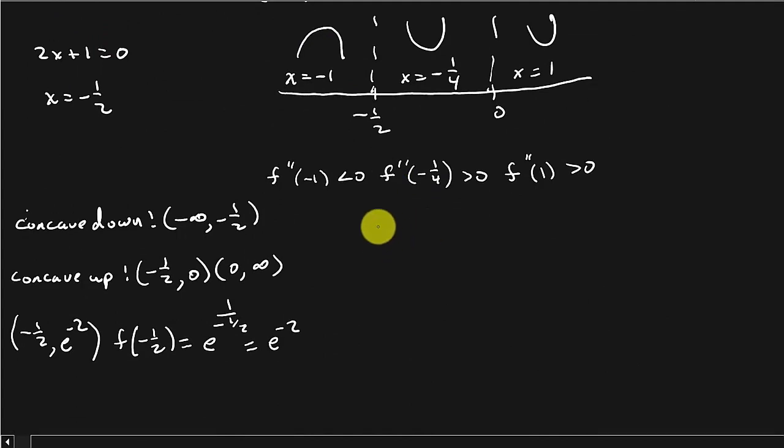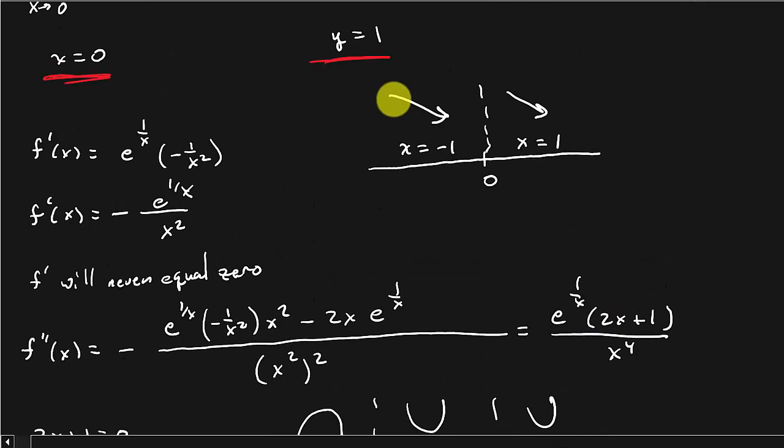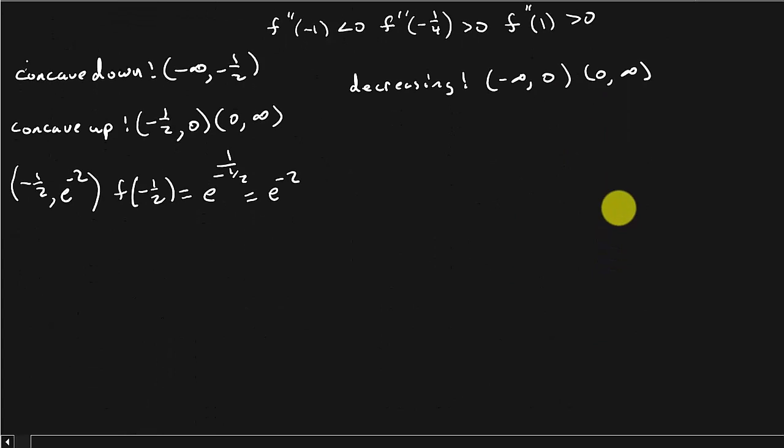Remember, this thing was decreasing from -infinity to 0 and 0 to infinity. Remember, it's decreasing the whole time. See right here, I split it up into the two intervals. And as far as local max and min, there was none there.